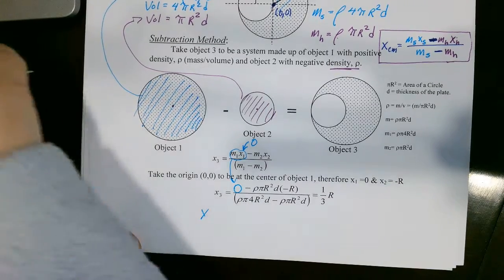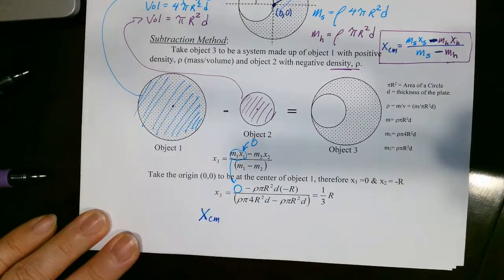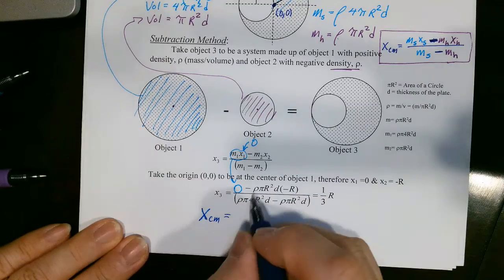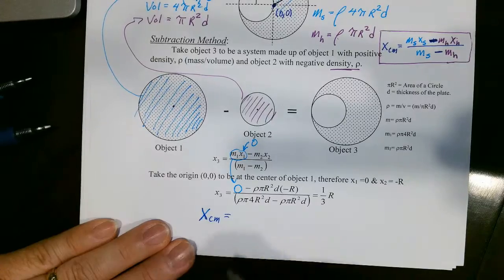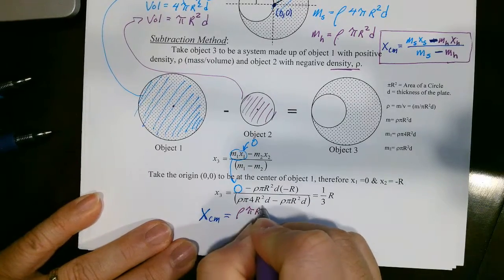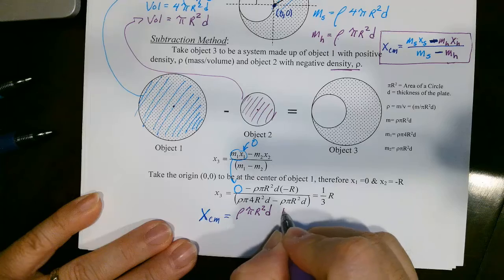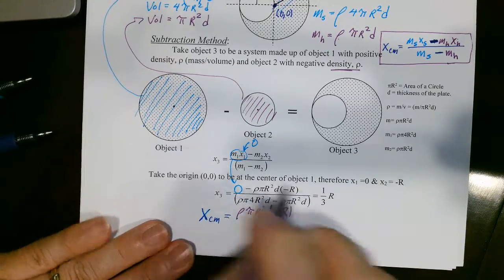So my x sub cm is equal to, if I factor out, this times this is positive, rho pi r squared d times r. You'll see why I did that later.